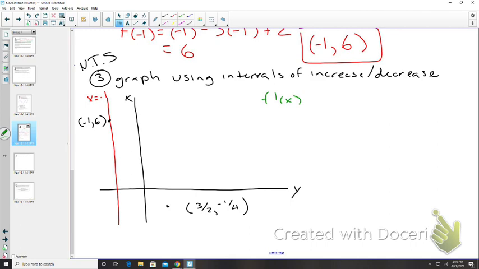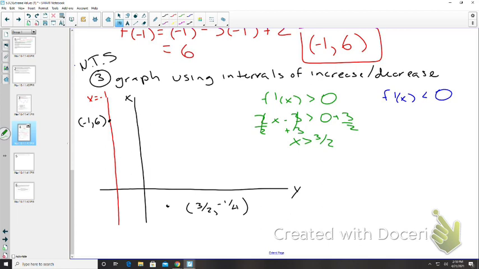Greater than 0. And when it's decreasing, it is less than 0. Okay, so when is 2x minus 3 greater than 0? Plus 3, divided by 2. When x is greater than 3 over 2, it is increasing.